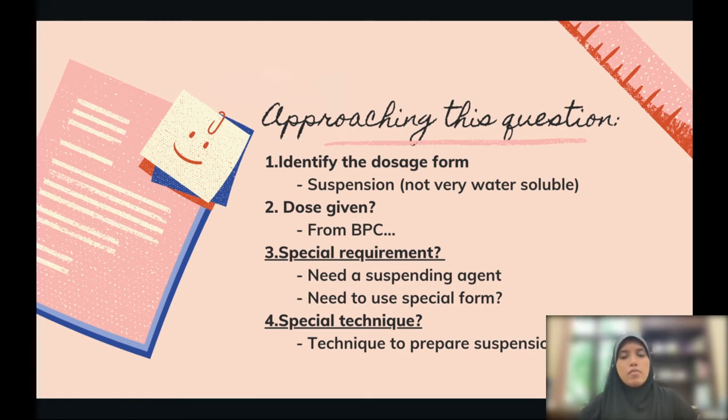Needing a special form means that, as an example, for ampicillin you need to use ampicillin trihydrate, so you need to do a special calculation to determine the amount of ampicillin trihydrate to be used. Special technique: the technique of preparation, I have already explained in the tutorial class, is to begin with adding the powder first and reduce the size of the powders, and only then add the syrups or the carrier.